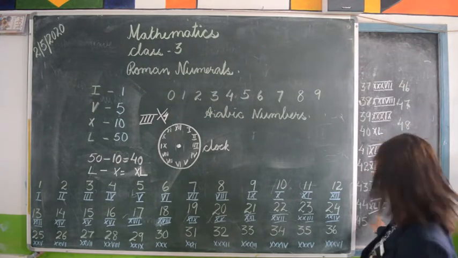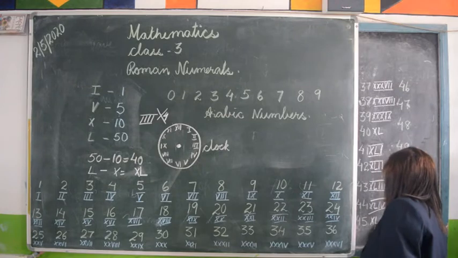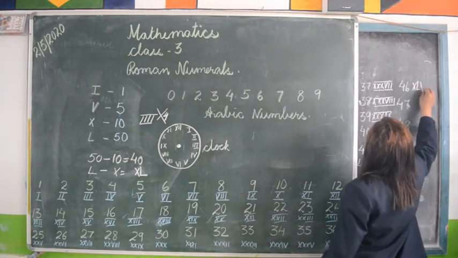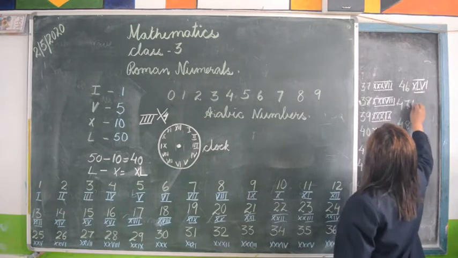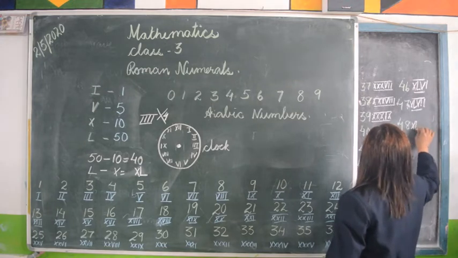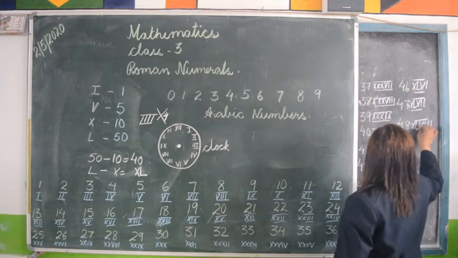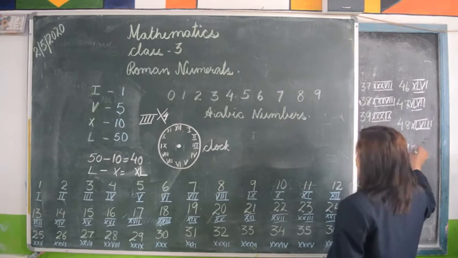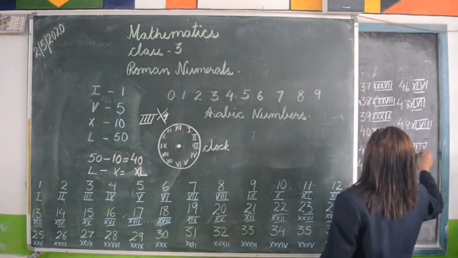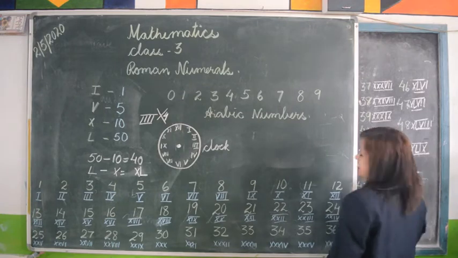This will make 44. XLV, 45. XLVI, 46. XLVII, 47. XLVIII, 48. Again XL, how do you write 9? Yes, this is 49 and L is 50.